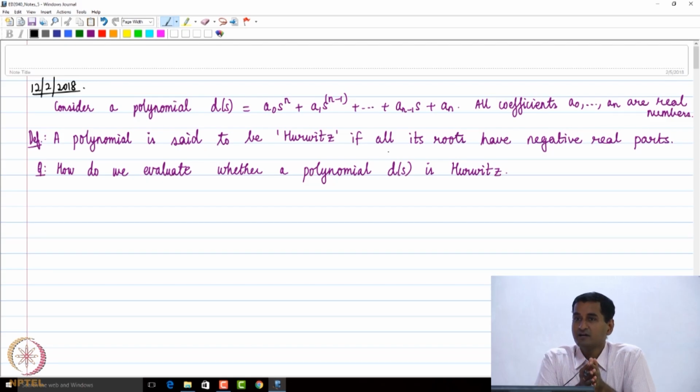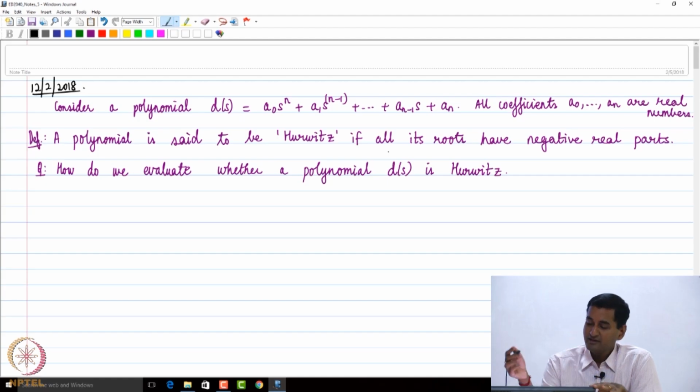In essence, if I am given any transfer function and want to comment on its stability, I need to look at the denominator polynomial of the transfer function, and all the roots of the denominator polynomial must be in the left of the complex plane. So that's the criterion for BIBO stability.